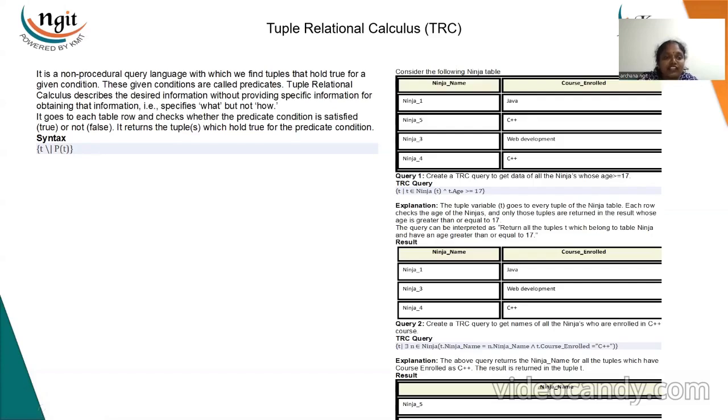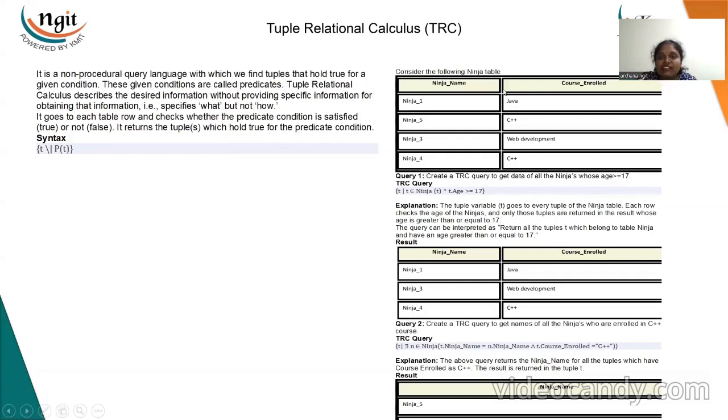The condition is going to be mentioned here in P of t. Whatever records satisfy that particular condition are going to be represented by t here. So tuple relational calculus describes the desired information without providing specific information for obtaining that information. So we are not going to be very specific, like retrieving only the student records whose marks are a particular value.